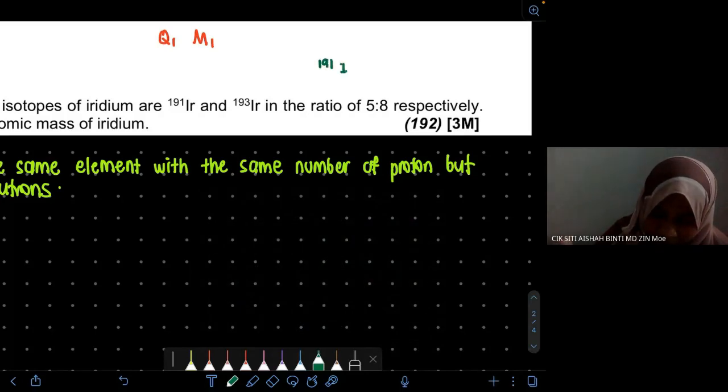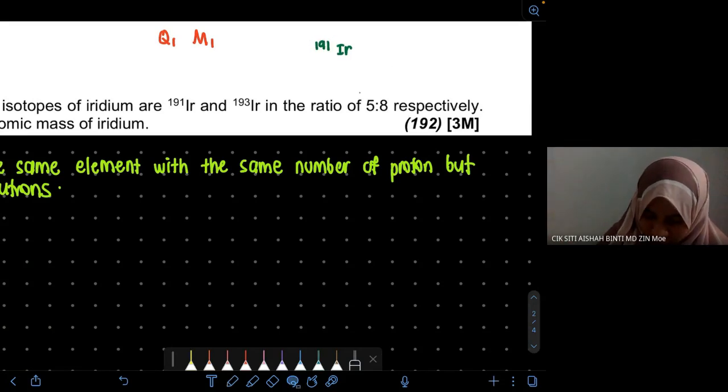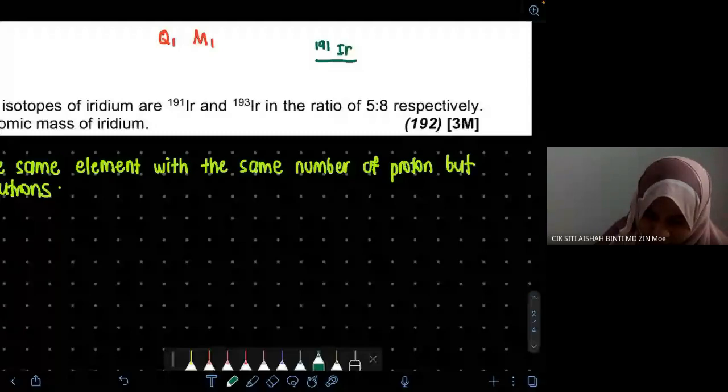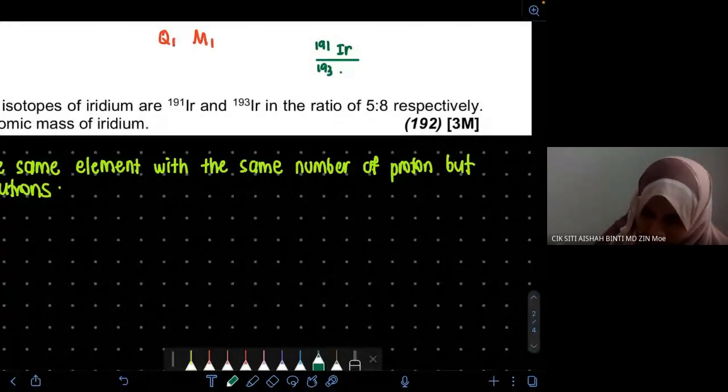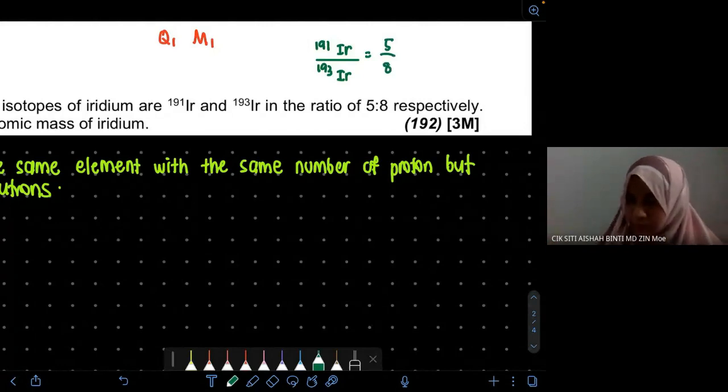191 Ir divided by 193 Ir is equal to the ratio 5 to 8. From here we know this is our Q1, this is our M1.